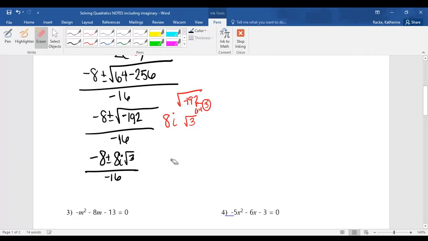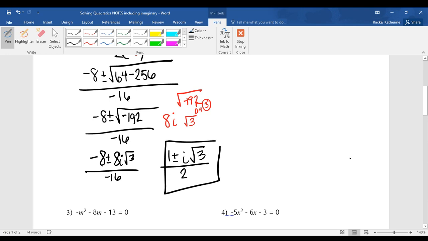So it will be 8 divided by 16, which is going to reduce to 1/2. So 1 on top, 2 on the bottom, plus or minus 1i. You can just put i if you'd like, square root of 3. So that would be your final answer.